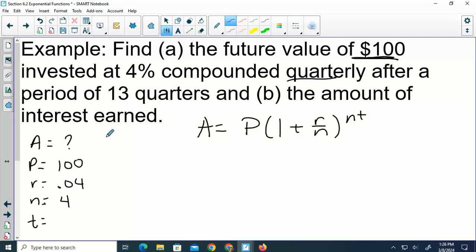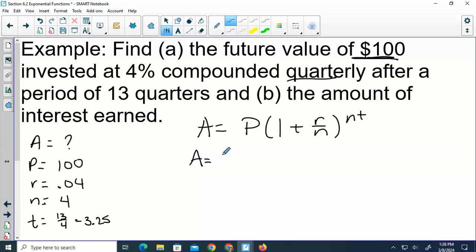And then 13 quarters. I told you time had to be measured in years. So how would I change 13 quarters into years? How many quarters are in a year? 4. That would be 3.25 years.